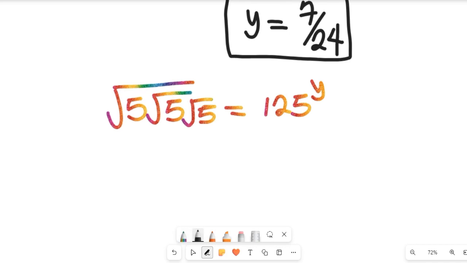Now, if we insert the value of y equal to 7 divided by 24, can the left hand side be equal to the right hand side?